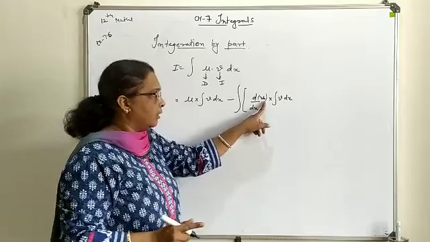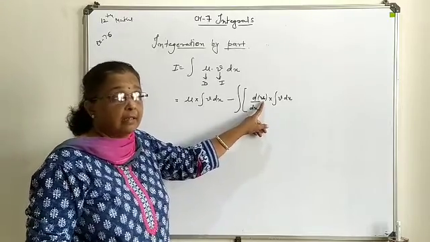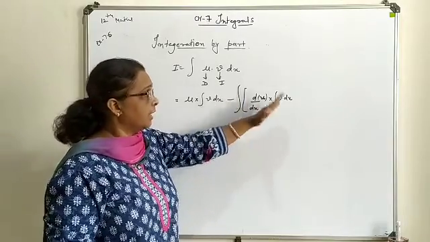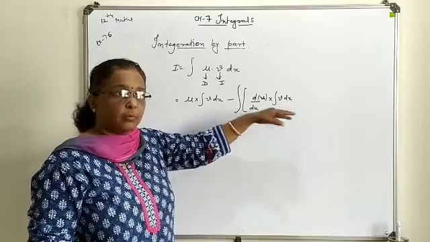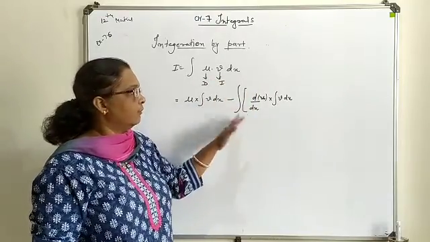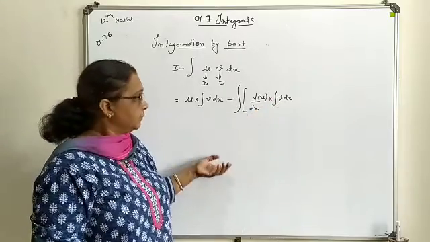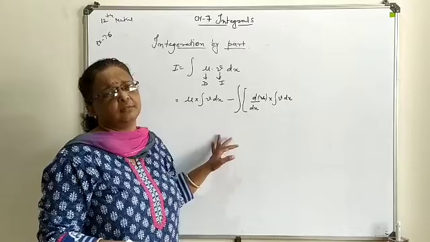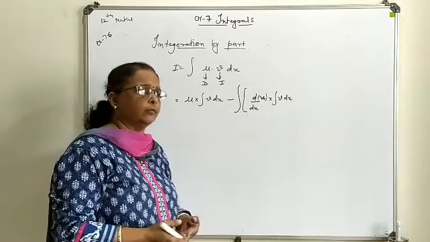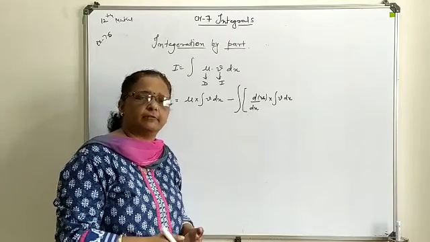So your u function you will decide in such a way that after writing its differentiation, it can be combined with the integrating form or its power keeps on reducing. That way you have to decide about u and v. In case of the exponent form and the trigonometrical form, none of the terms is going to be reduced, so you can select any term for integration or for differentiation.